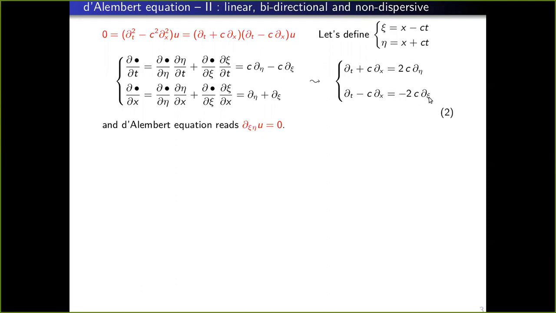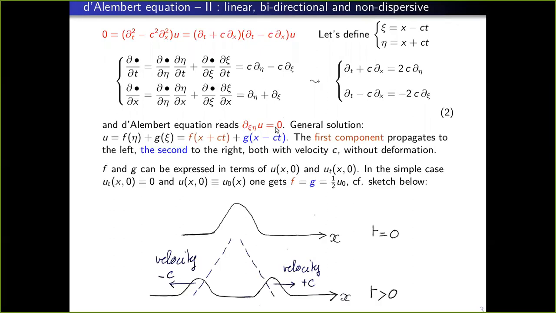So in terms of psi and eta, D'Alembert's equation reads simply, minus 4c square factorizes out, the cross derivative with respect to psi and eta is 0. And the general solution is very simple then, the sum of a function of eta and a function of psi. So in terms of x and t, it's just a function of x plus ct plus another function of x minus ct.